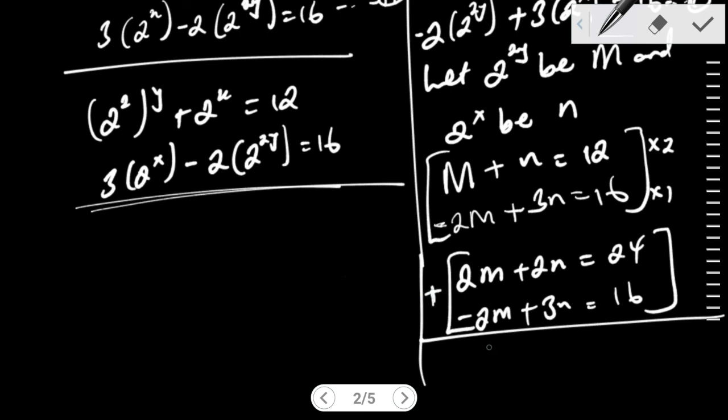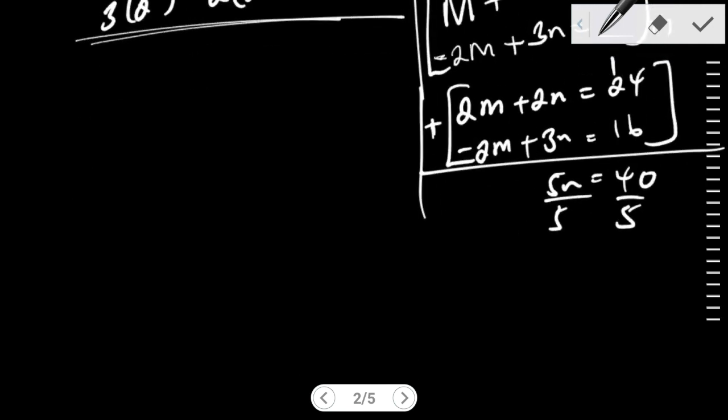If I add this, I get 0, but 5n equals 24 plus 16, which is 40, all over 5, giving me n equals 8.